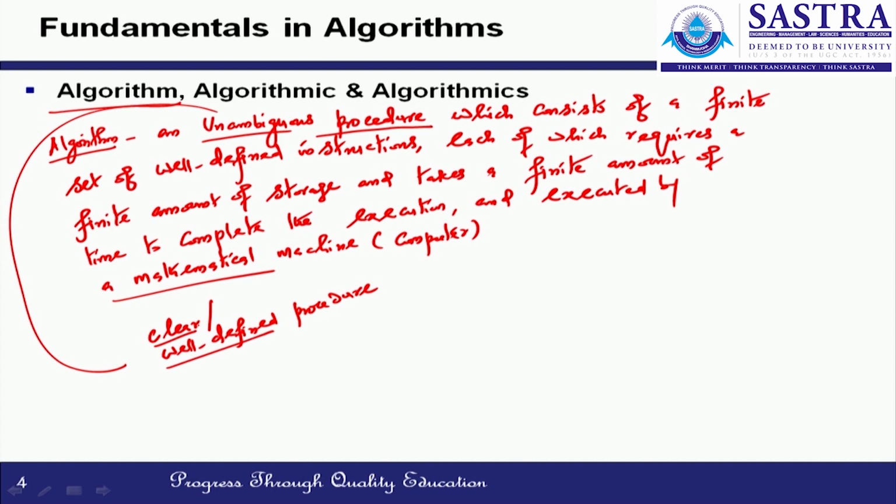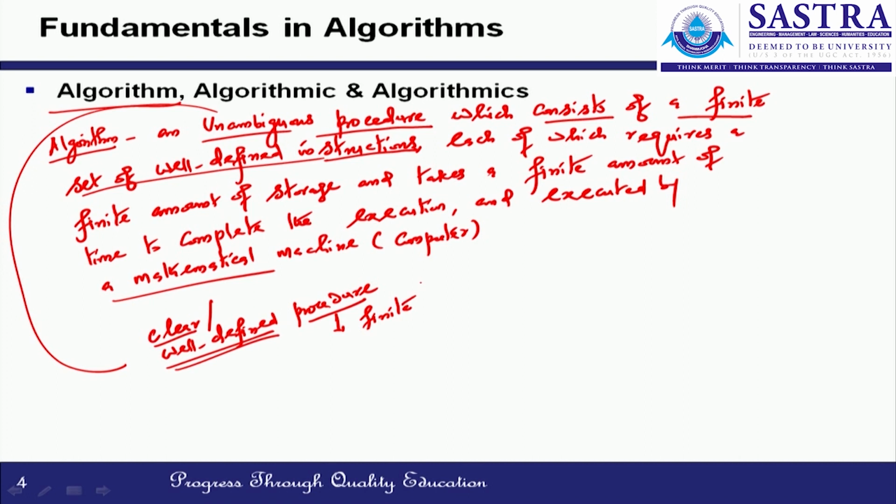So, an algorithm is an unambiguous procedure which consists of, that means we are extending, what is this well-defined procedure? The well-defined procedure consists of a finite set of well-defined instructions. The total number of instructions in that procedure should be finite.